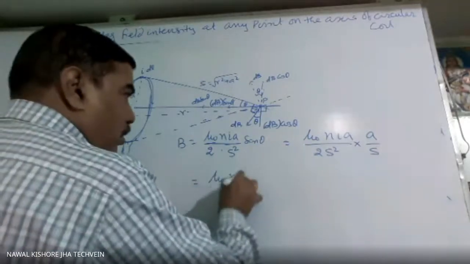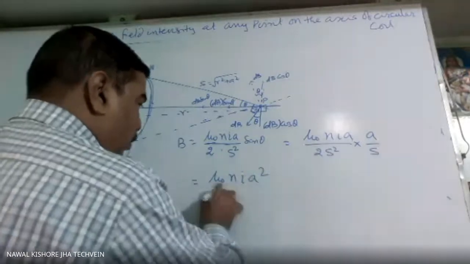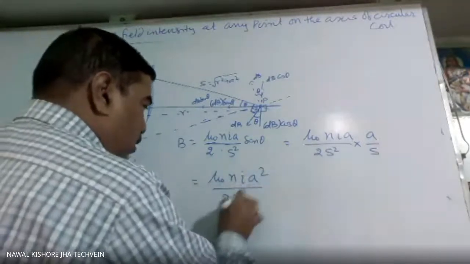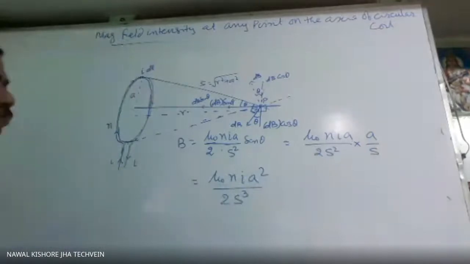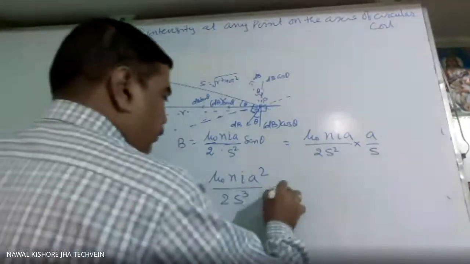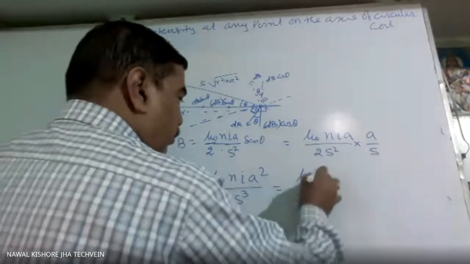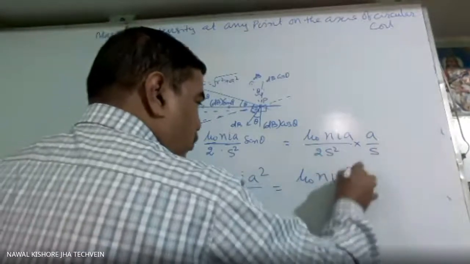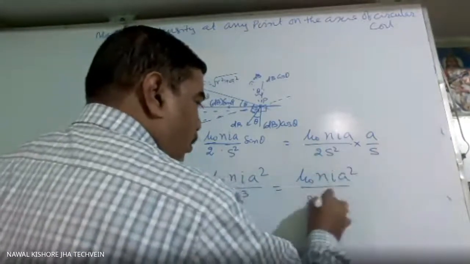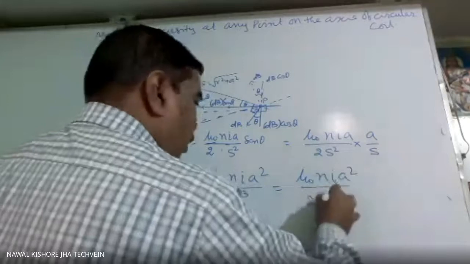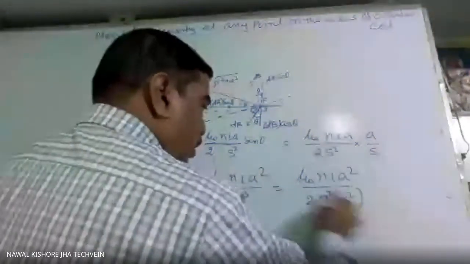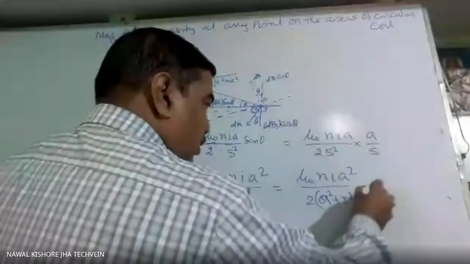Mu naught n I a square over 2s cube. Mu naught n I a square over 2 times a square plus r square to the power 3 by 2.